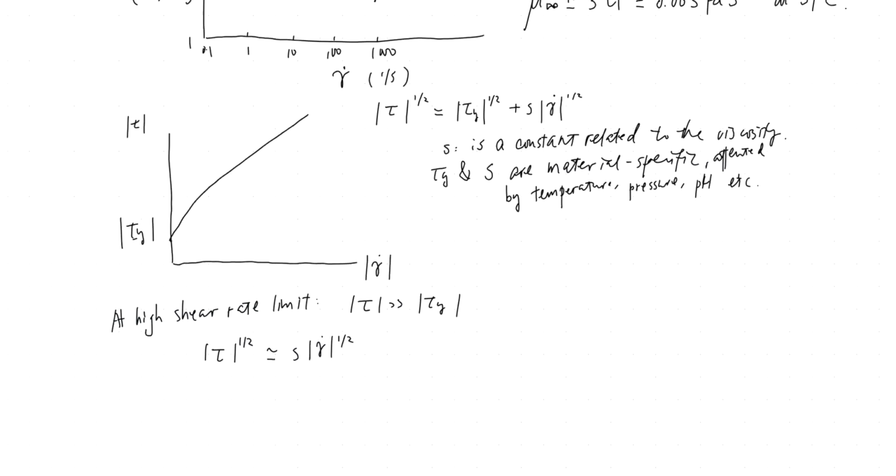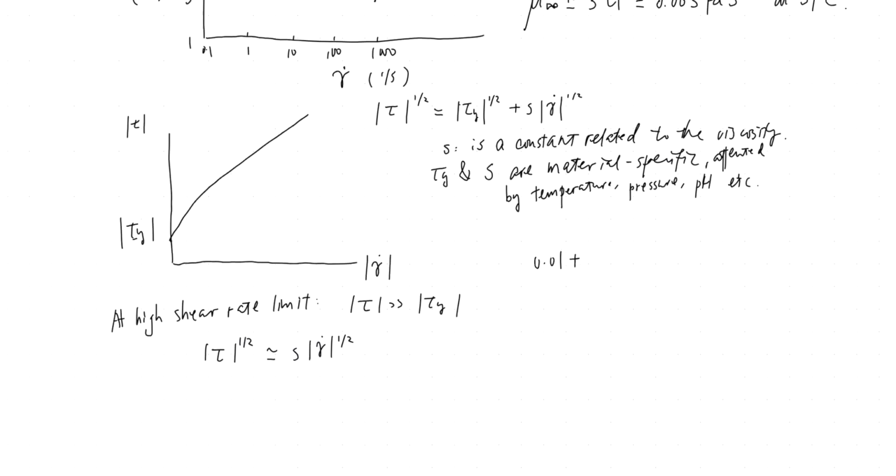If you compare this equation with the original constitutive relation, we dropped the tau y term. This is because if you have two terms, the tau y term plus S multiplied by the square root of gamma dot term, and the gamma dot term dominates, being much larger than the tau y term, then you can neglect the small term. It's as if you add 0.01 to 1,000.